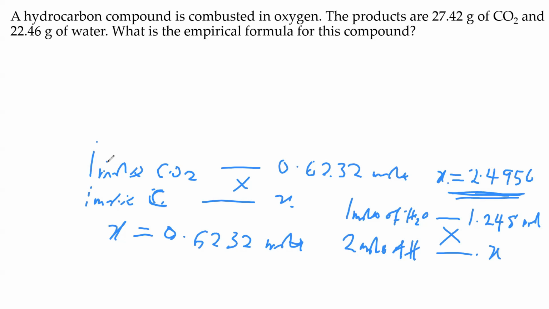Now what we are going to do next is to calculate the ratio between the two. Between the number of moles of carbon and hydrogen, the smallest one is that of the carbon. So we are going to divide through by the smallest one.